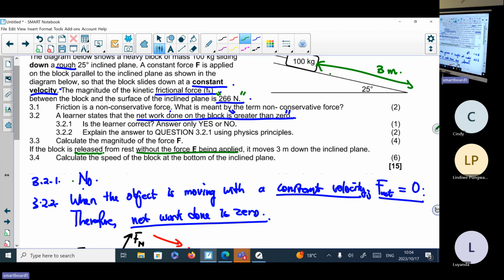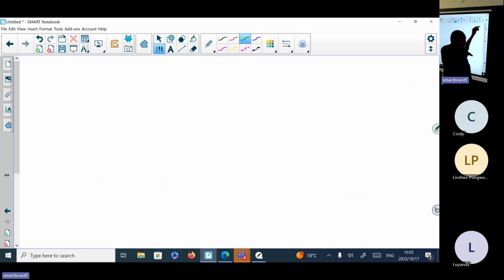So we've released this from rest. Initial velocity is 0. They want us to find the final velocity. What will be our final velocity, and how can we answer this question? So let me open a new page. Now we need to draw a new free body diagram, and this free body diagram is without the applied force, because they've said the block is released from rest without the force F applied.